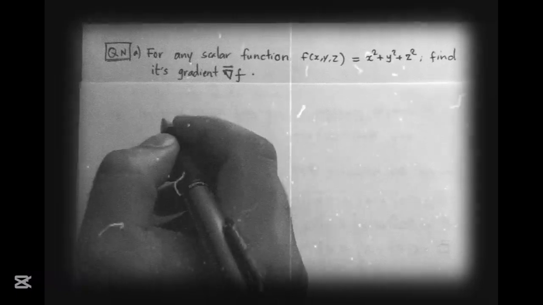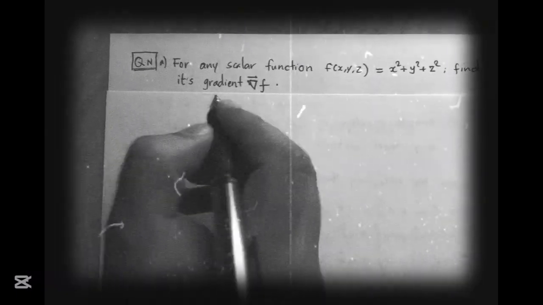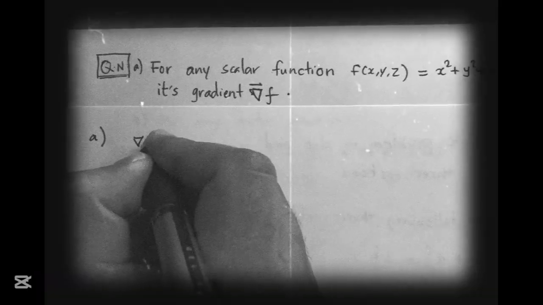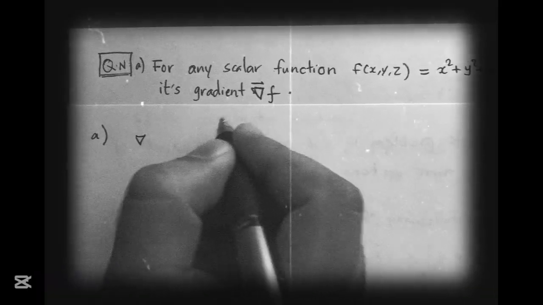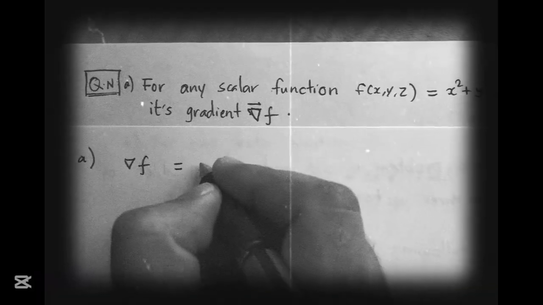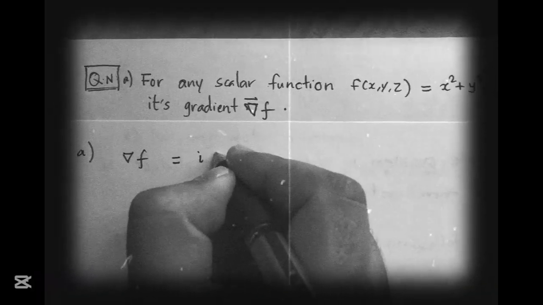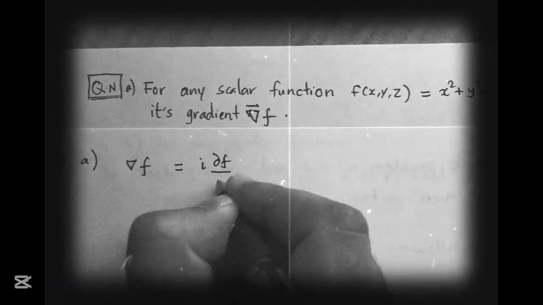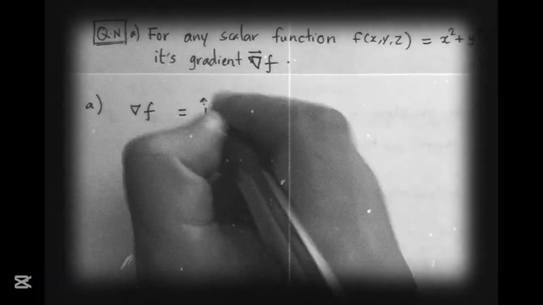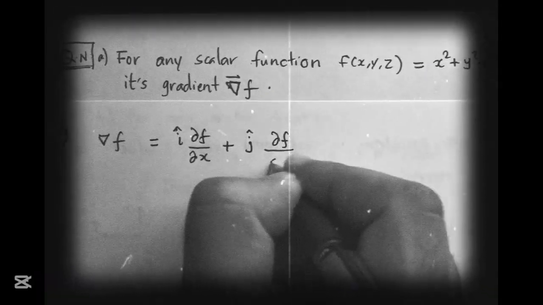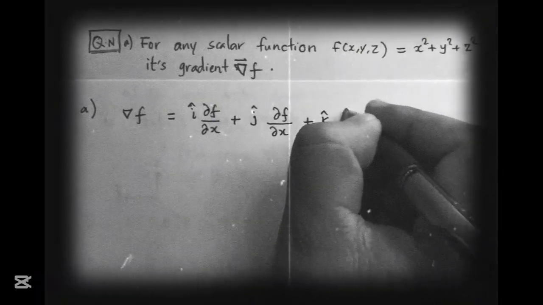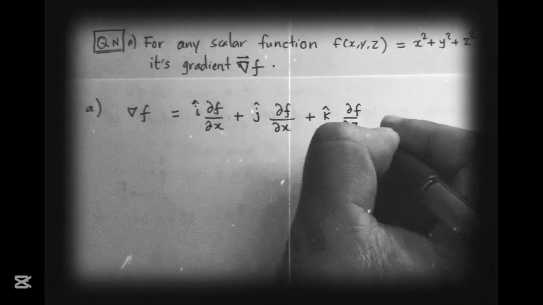Alright, let's start with the first problem. It wants us to calculate the gradient of the given function. That is, it wants us to calculate the del f, which is actually i df by dx plus j df by dy plus k df by dz.